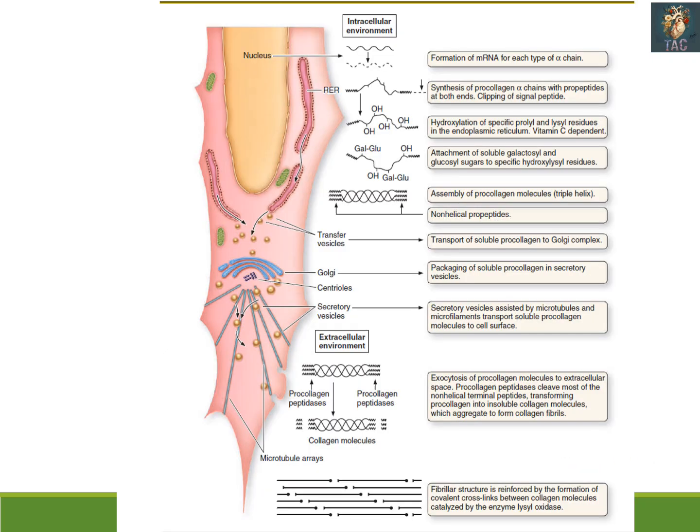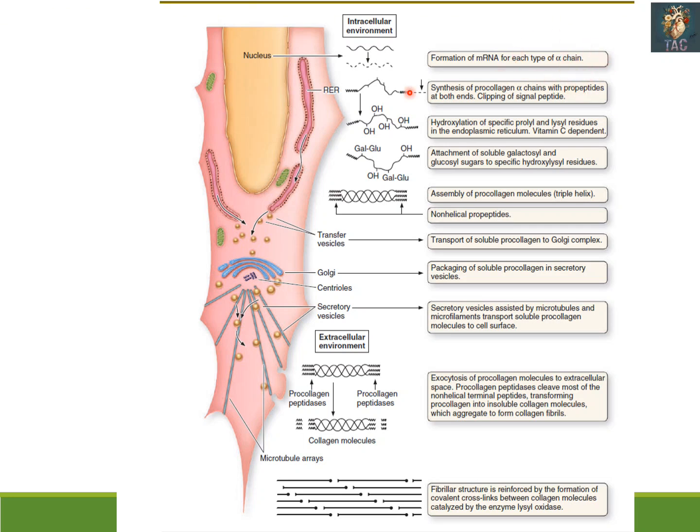So the very important diagram to understand is the synthesis of the collagen fibers. The first few steps, from this step to this, are the intracellular steps, and from here downward, these are the extracellular steps. So the first step is formation of the messenger RNA for each gene of each alpha chain.